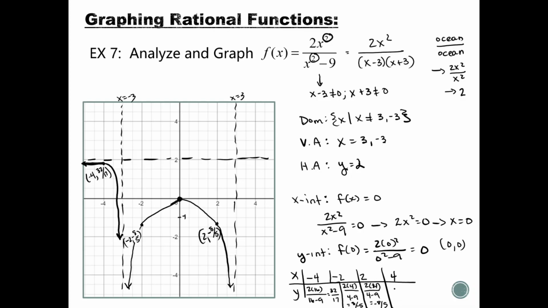And then let's plug in a 4. So we'll get 2 times 16 over 16 minus 9. So we get that 32 over 17 again, and we get that point about right here. And it's going to go towards the asymptotes.